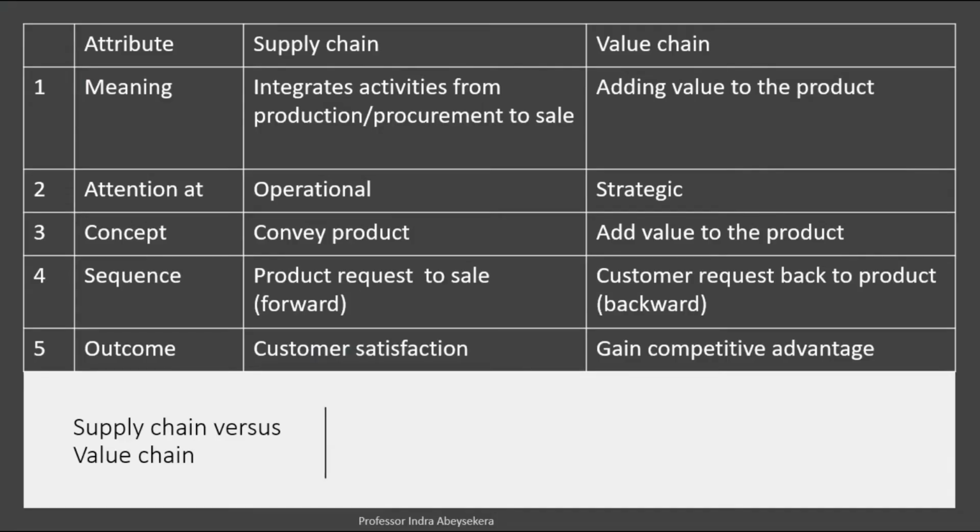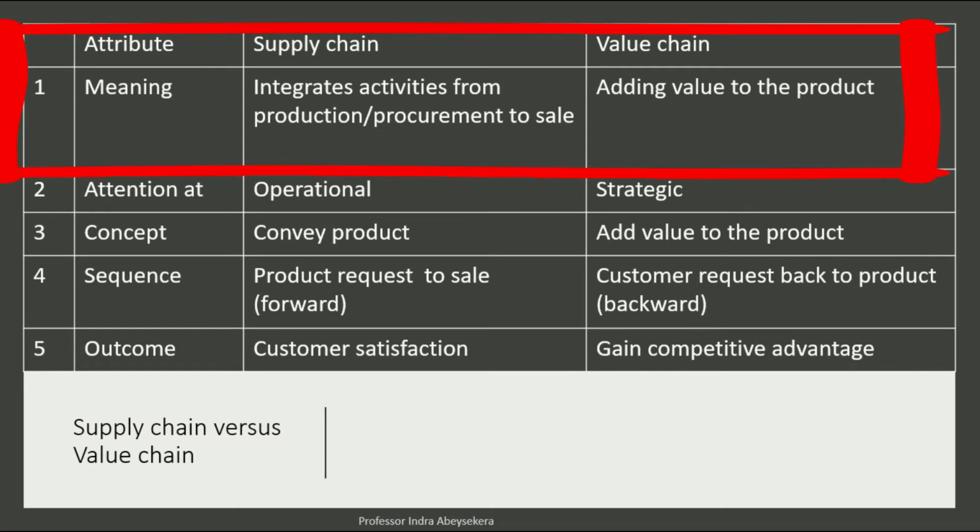So when we compare and contrast the supply chain with the value chain, supply chain integrates activities from production to sale. Value chain is about adding value to the product.